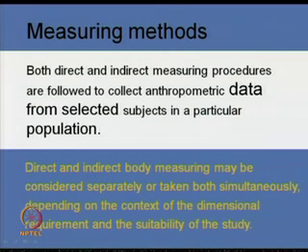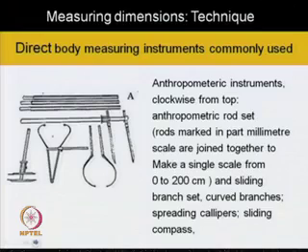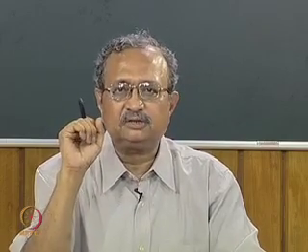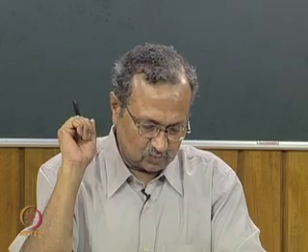Direct and indirect body measuring may be considered separately or taken both simultaneously, depending on the context of the dimensional requirement and the suitability of the study. Now, we will see some of the measuring techniques.